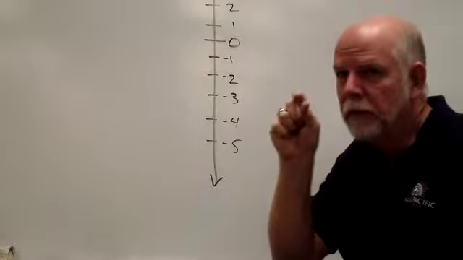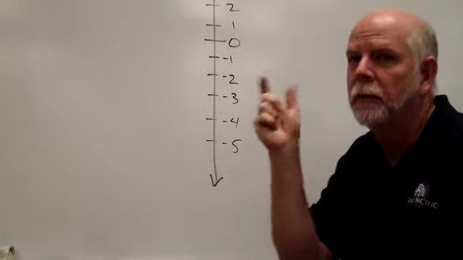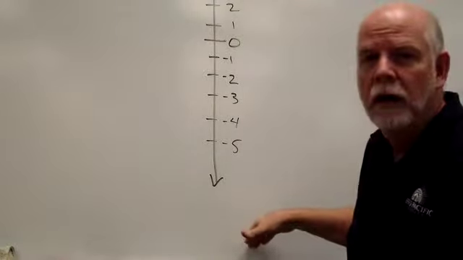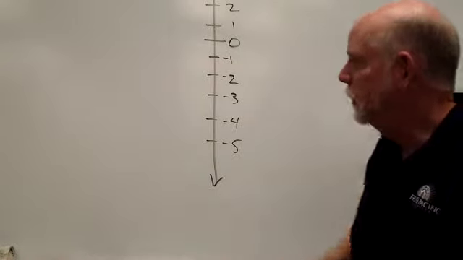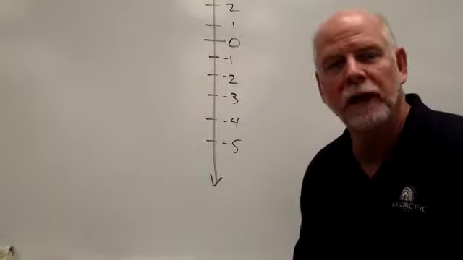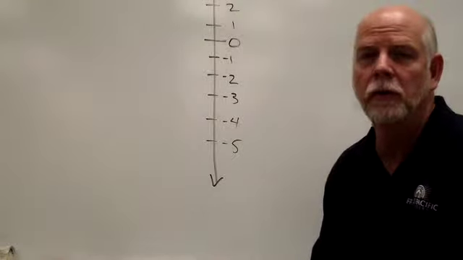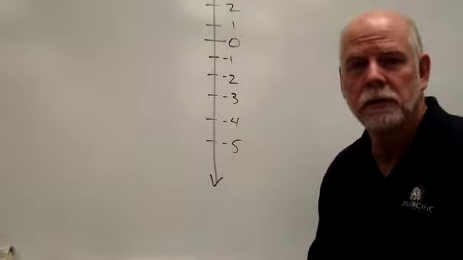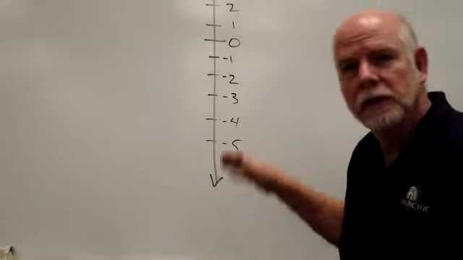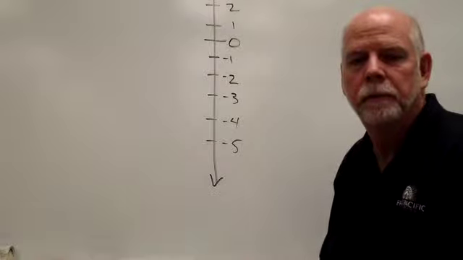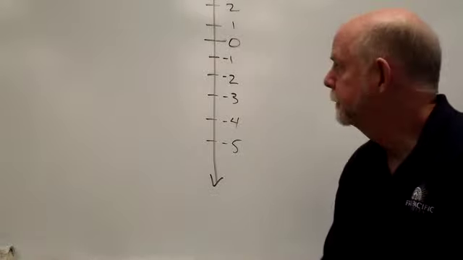Even though the digit itself may look like it's bigger because it's 20 compared to 2, because it's negative, it's further down, and so negative 20 is colder than negative 2. Or another example is if you're overdrawn in your checking account by $90, that's worse than being overdrawn in your account by $3, right? And so that further down the scale is a smaller and smaller number, okay?